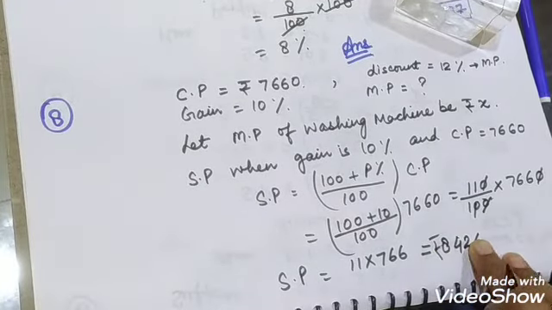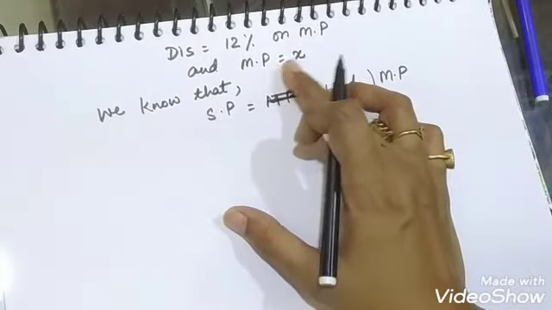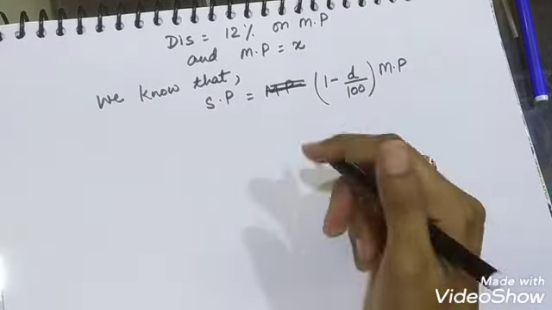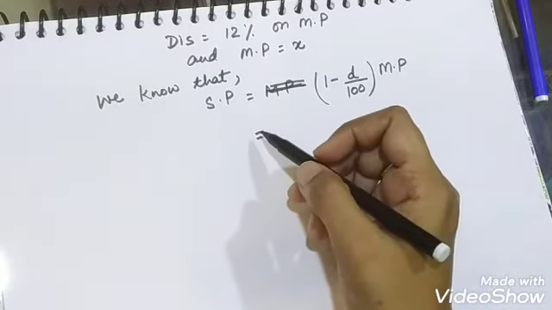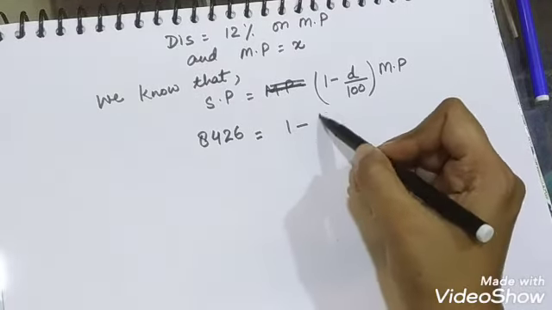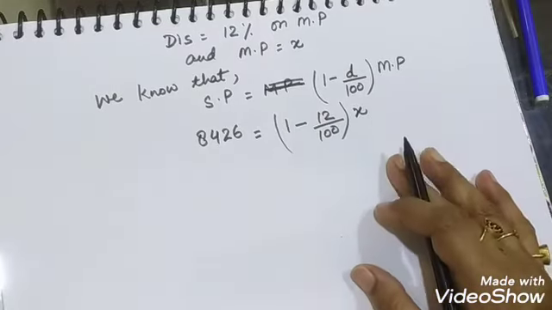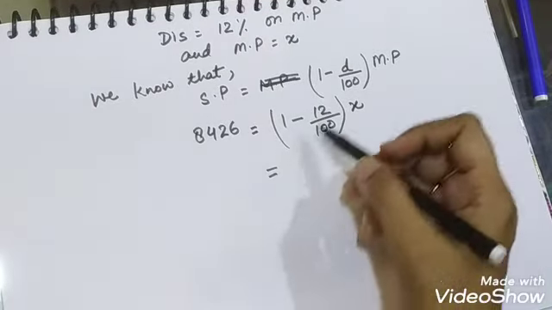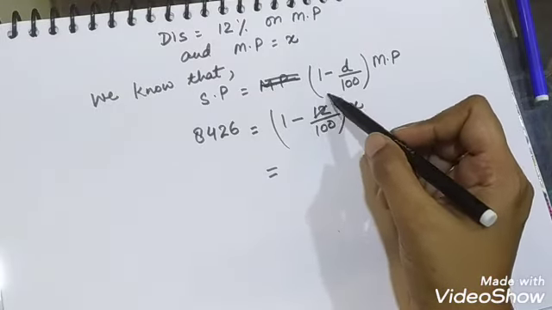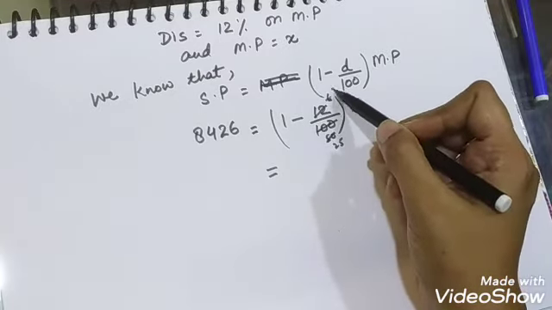The selling price is 8,426. Okay. Now discount is given as 12% on marked price, and marked price we have supposed as X. So we'll use the formula of selling price: 1 minus D upon 100 into MP, and selling price is 8426, we have just calculated. Discount is given 12% and marked price we have supposed as X. So let us solve it. It cancels with 2, 6 and then 50, then 25 and 2 3.